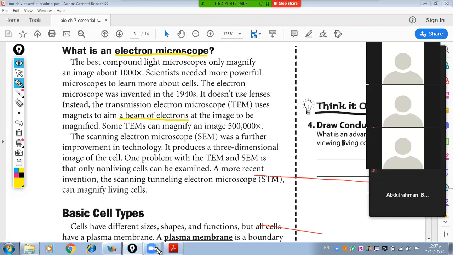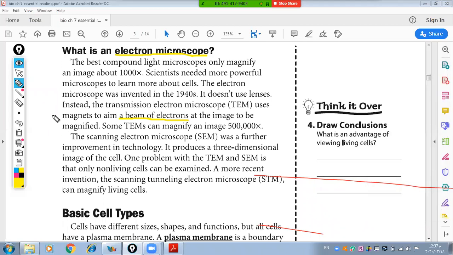Does it use a beam of electrons or glass lenses? Compound light microscope, how does it work? Using glass lenses. Yes, glass lenses. But an electron microscope uses what? A beam of electrons. This is the two main differences between them.